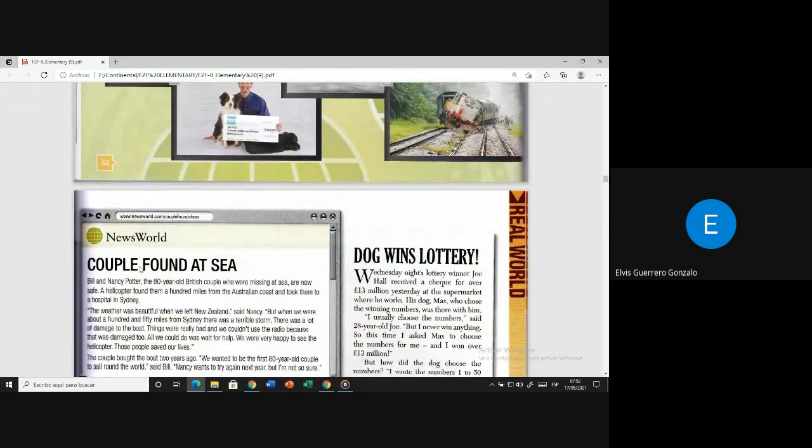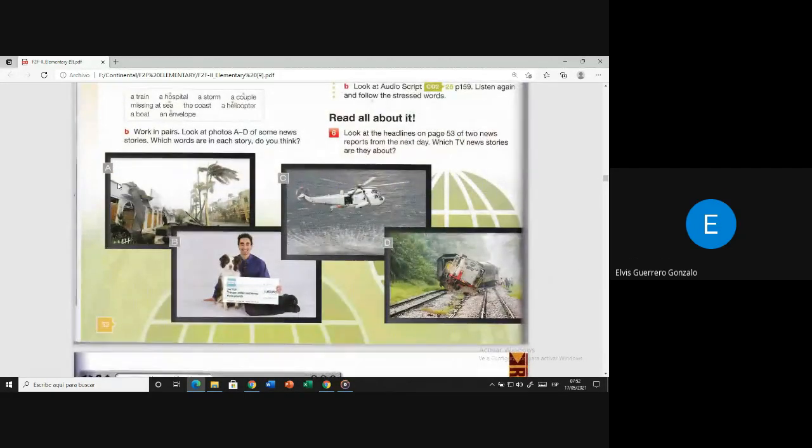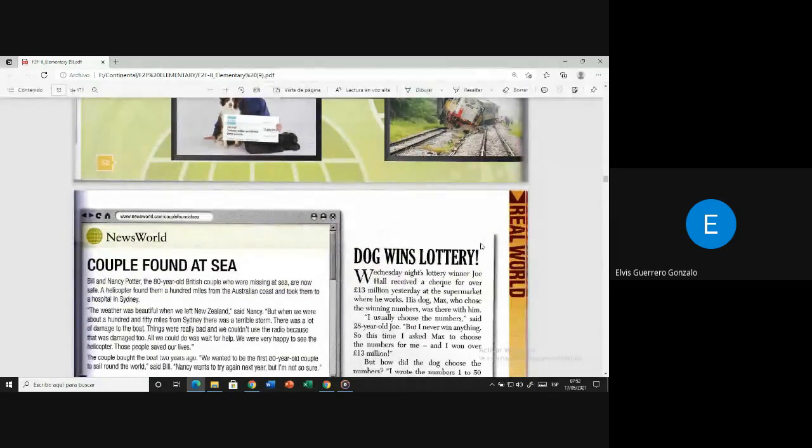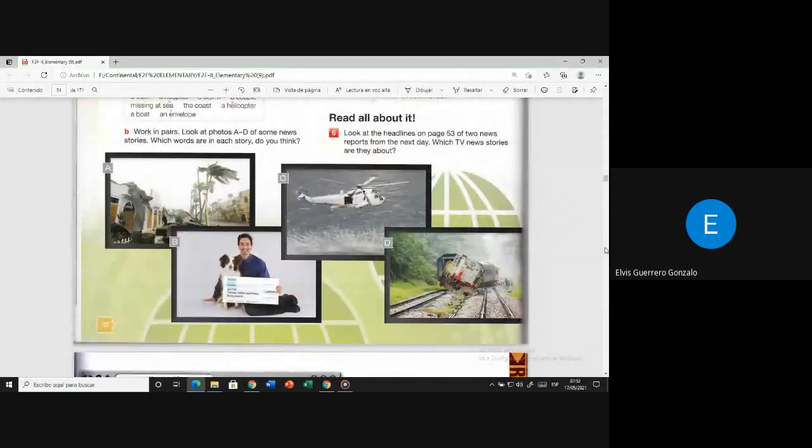Now, observe these two headlines. Couple found at sea, dog wins lottery. These headlines belong to a story A, a story B, a story C, or a story D. For example, couple found at sea. Which news story does it belong to?